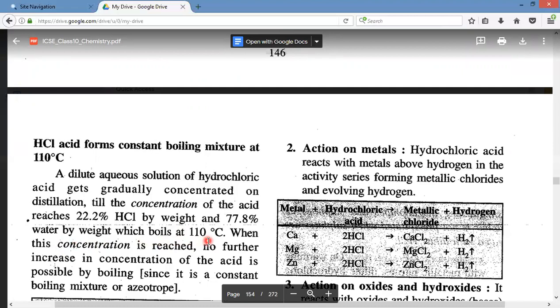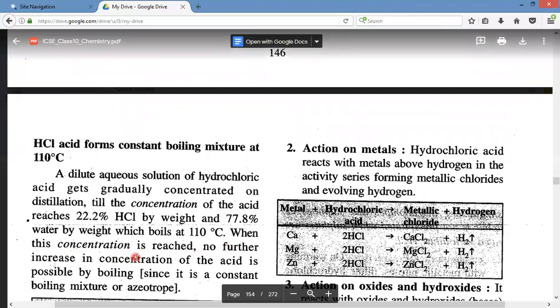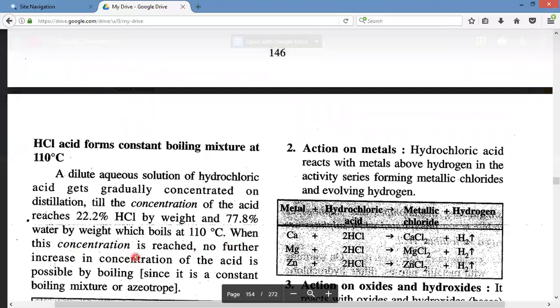It boils at 110, meaning these three conditions should be there. Then the concentration reaches, meaning we are getting the concentrated HCl.